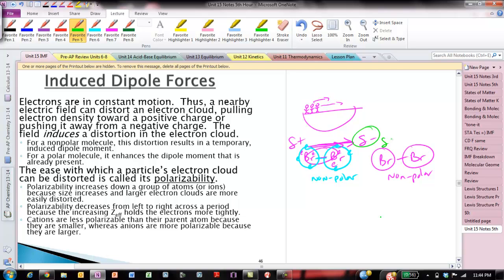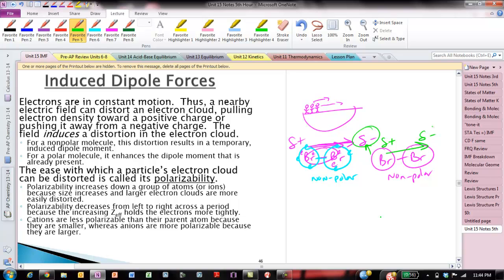It's going to make that side partially positive. It's going to push those electrons that were here toward that direction, away, because this one is negative. There's already an overload of electrons here, which makes that partially negative. So it induces a whole polarity, but it doesn't last. It's instantaneous, and then it goes back.